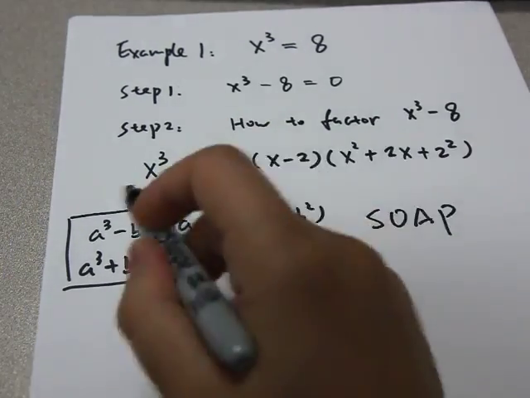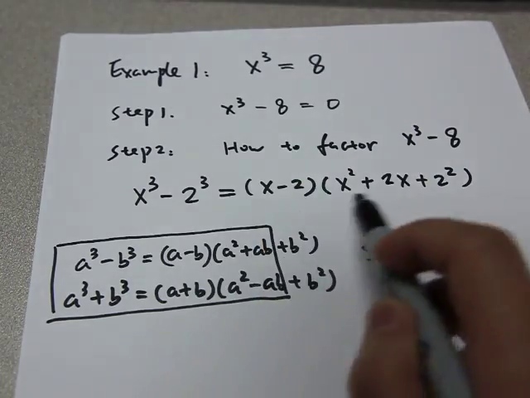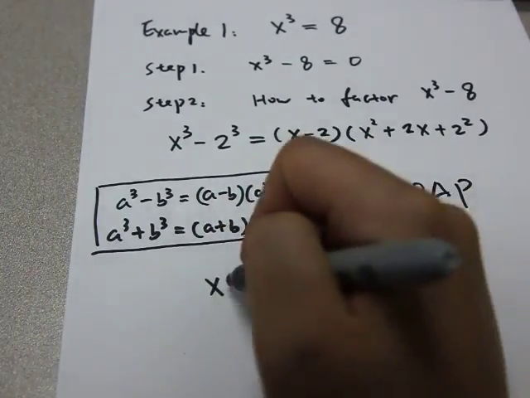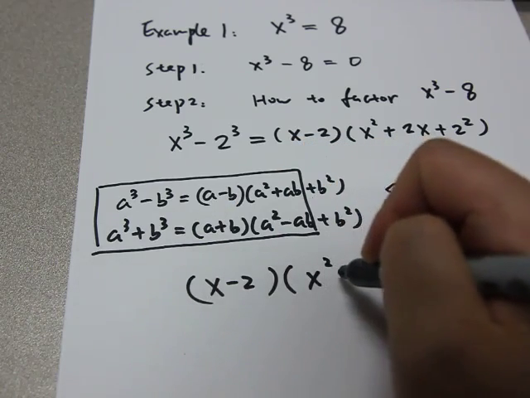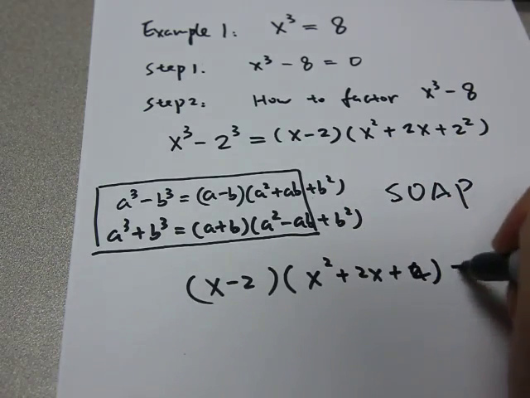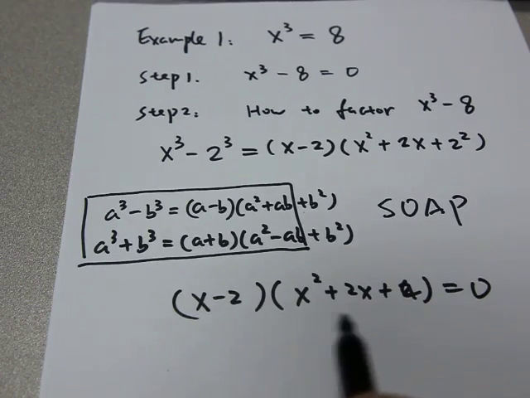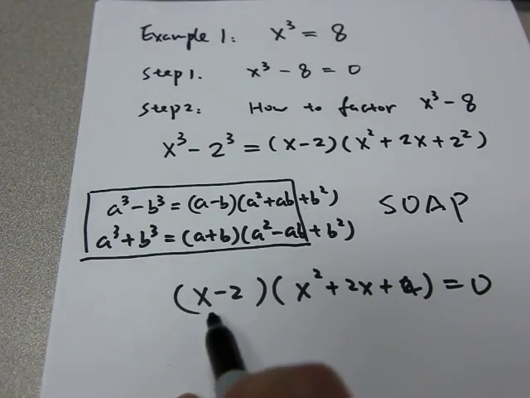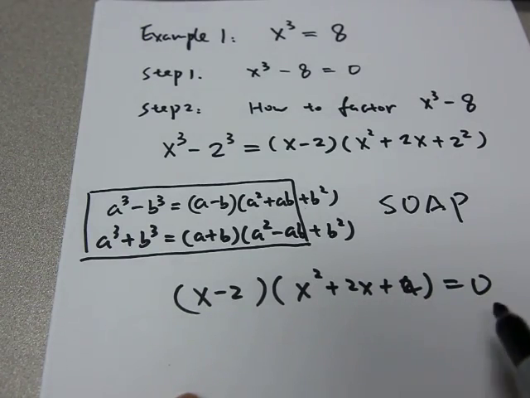Once we factor x cubed minus 8 this way, now go back to our equation. The left-hand side of our equation becomes this, so we have two factors. One is x minus 2, another one is x squared plus 2x plus 4, equals 0.